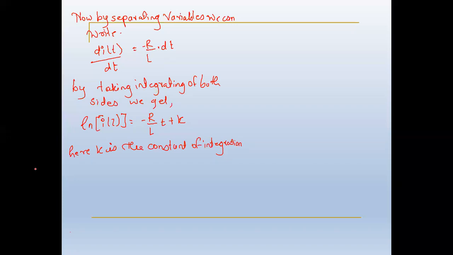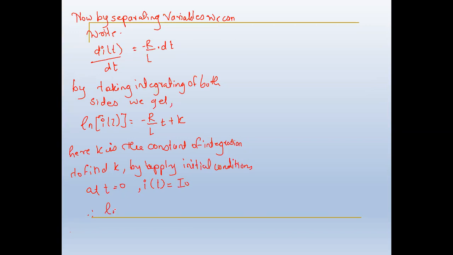To find the value of k, let us apply the initial conditions. At t equal to 0, I of t is equal to I0.